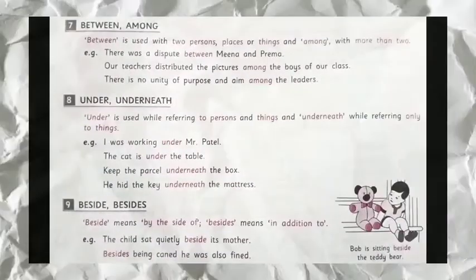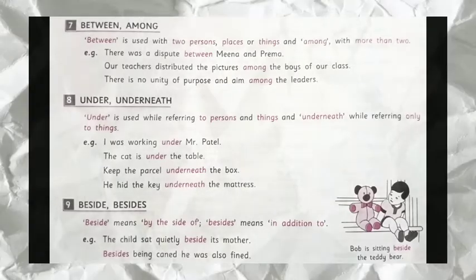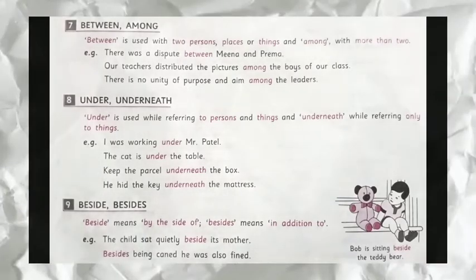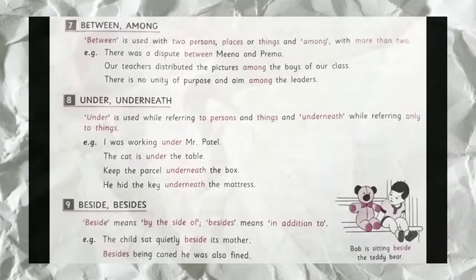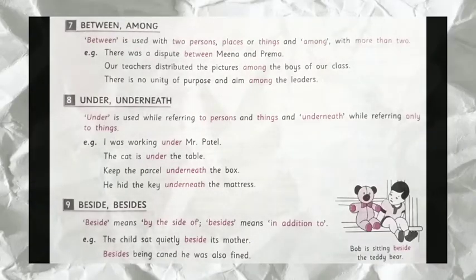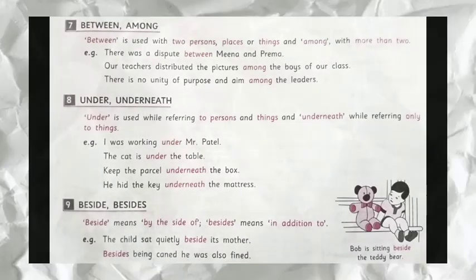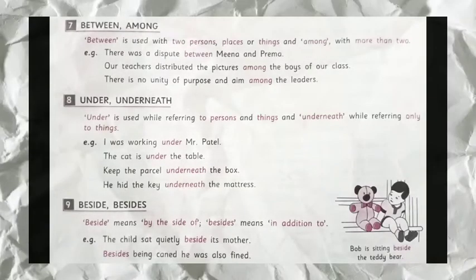Now, where do we use between and among? Between is used with two persons or things, and among is used with more than two things or persons. For example, there was a fight between Meena and Prerna.